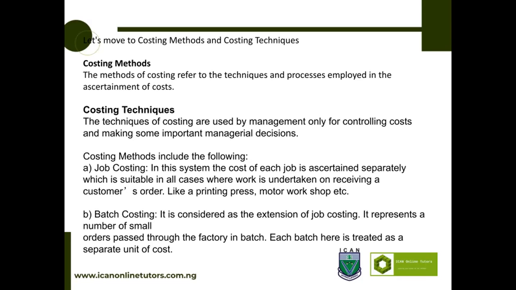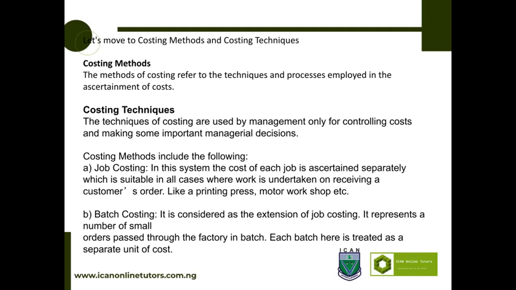You will say the job has been undertaken, or the product has been produced according to the customer's requirements. That's why I said it's according to the what? Customer order. When the customer orders, that is when you produce. If they did not order, you did not produce. If you check some printing presses, customers order before they do the job.